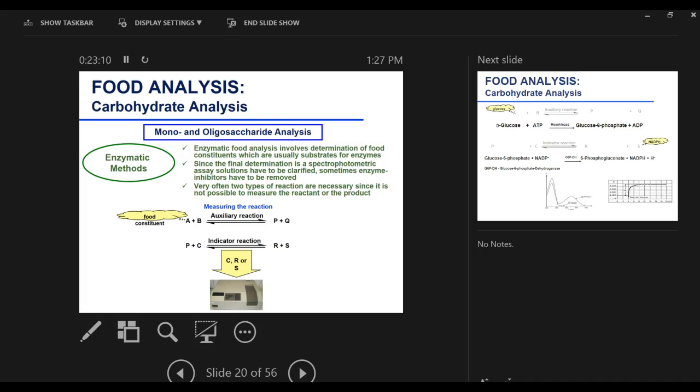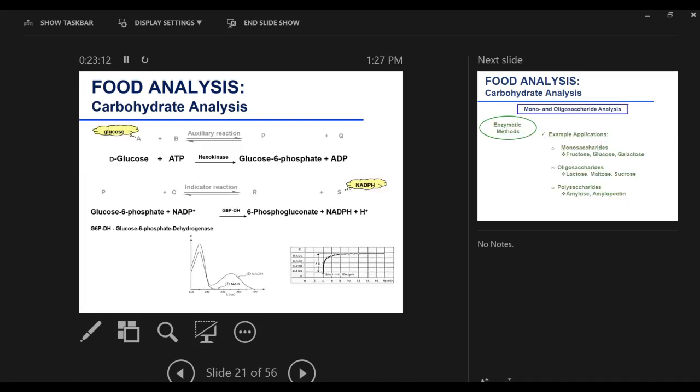Okay, so here's an example. Let's say I'm measuring glucose. There are different ways of measuring glucose, and this is one of them. In this case, I'm using, again, a coupled reaction that requires two enzymes. The first enzyme is hexokinase. The second enzyme is glucose 6-phosphate dehydrogenase, losing a hydrogen.